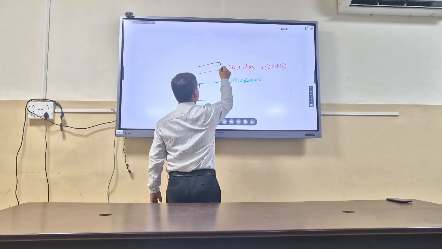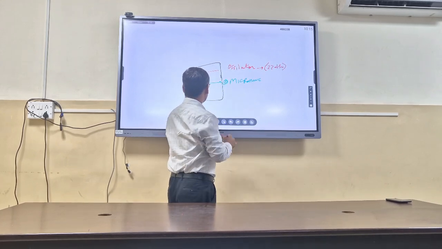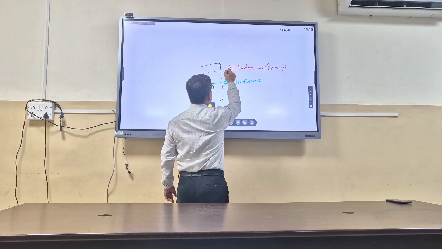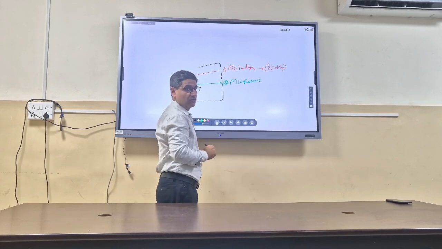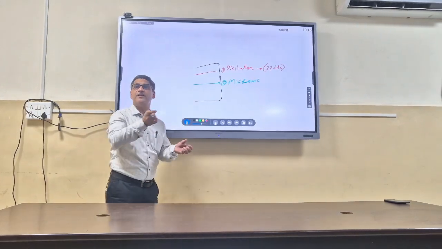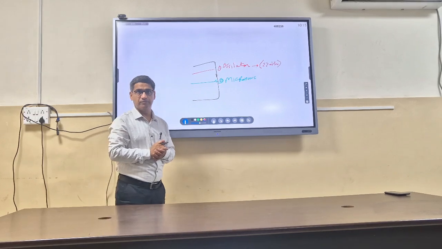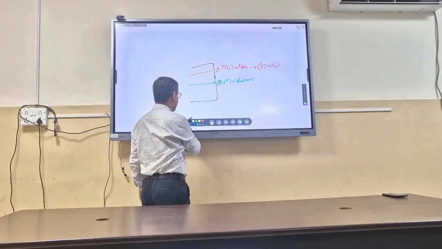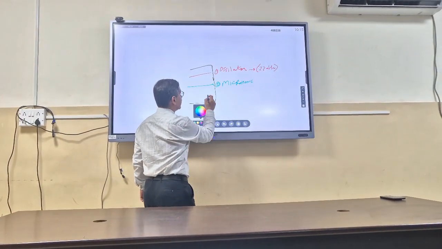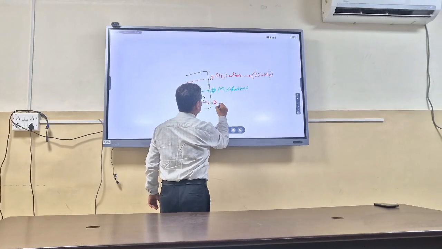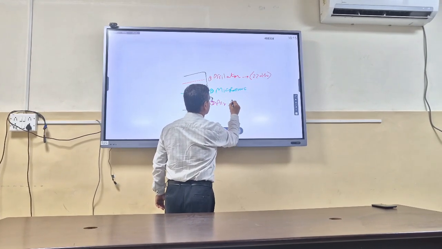The second component, as I told you, is the microphone. The microphone receives the reflected sound. And the third component is the air pump. What is the function of the air pump?